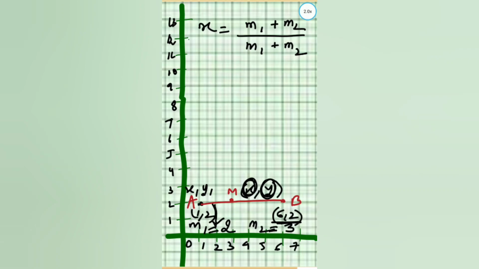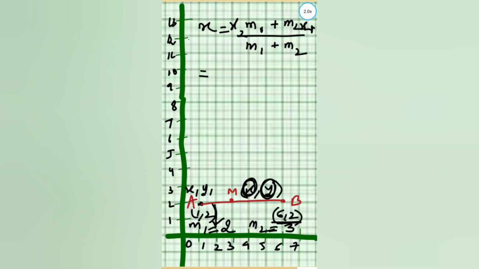But besides m1, I am writing x2. 1 goes with 2. And besides m2, I am writing just the opposite, x1. If it is m2, then x1, and if it is m1, then x2. Can you see that? Now, this is the formula.